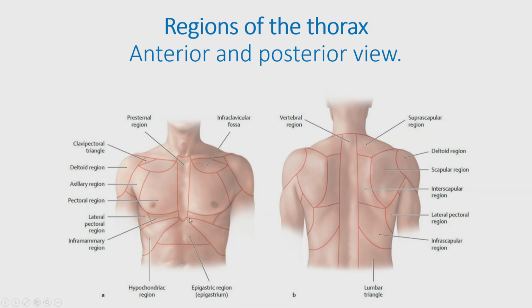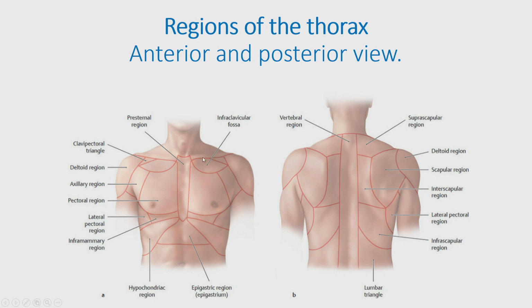For the thoracic region, we have some specific regions: the pectoral region and axillary region that we already discussed in the topography of the upper limb, and the deltoid region, which belongs to both the upper limb and the thoracic region. Then the clavipectoral triangle, which we also discussed in the upper limb, and the infraclavicular fossa, the lateral pectoral region and the inframammary region.